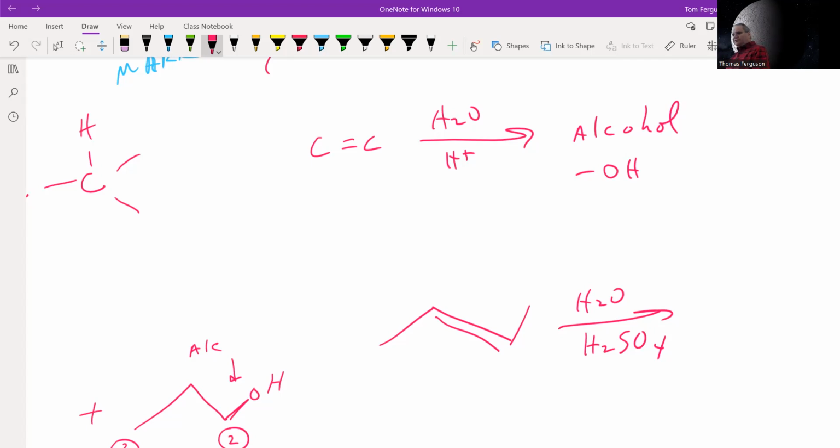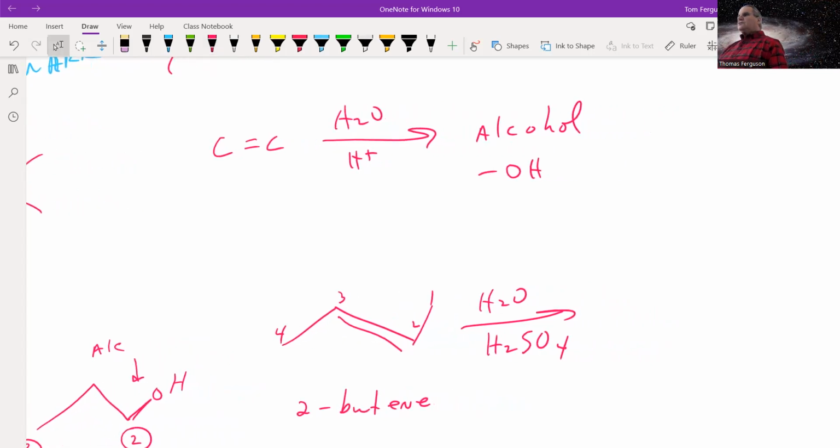So let's add water and sulfuric acid to 1, 2, 3, 4. This would be 2-butene. No branches. So we're going to get a mix. Whenever you add HCl or water across a double bond, expect a mix. And if you look on your printout, it says expect mix.